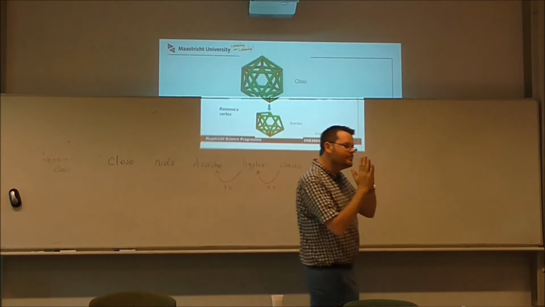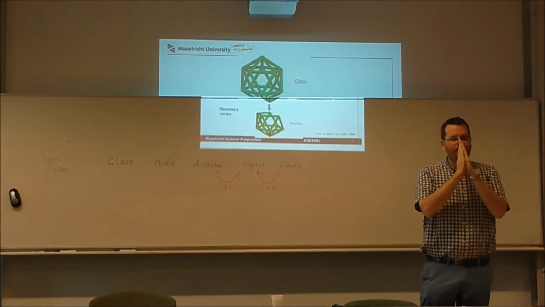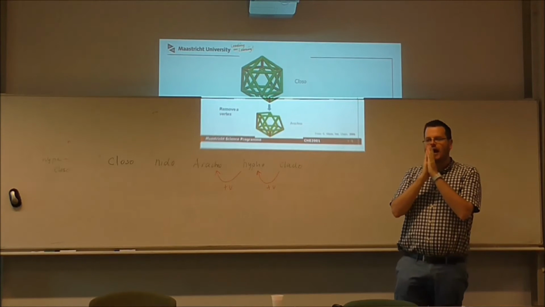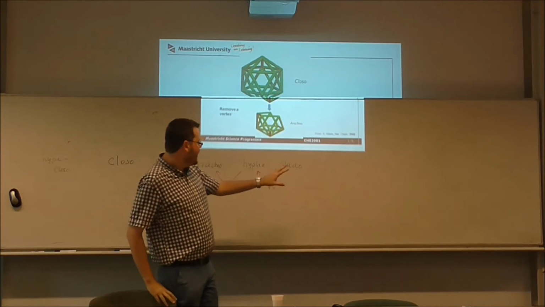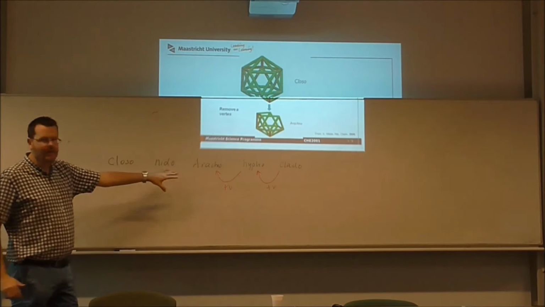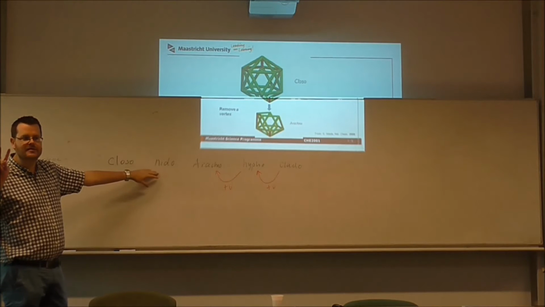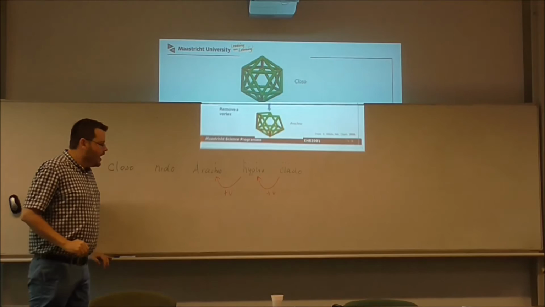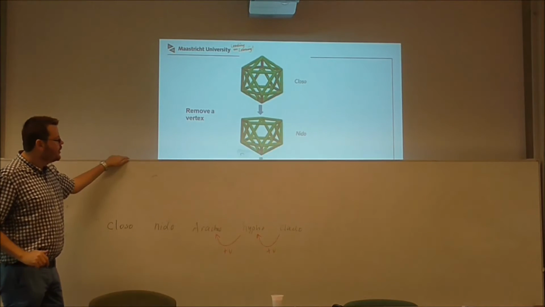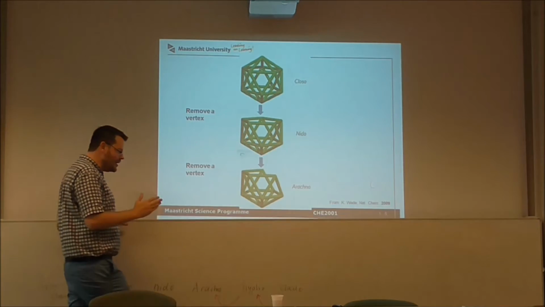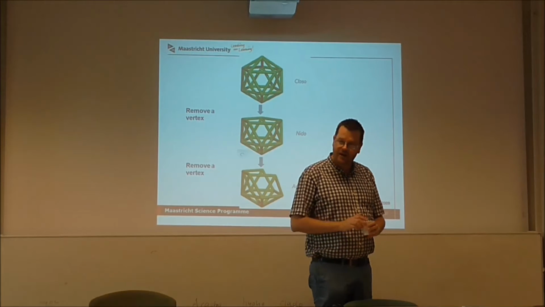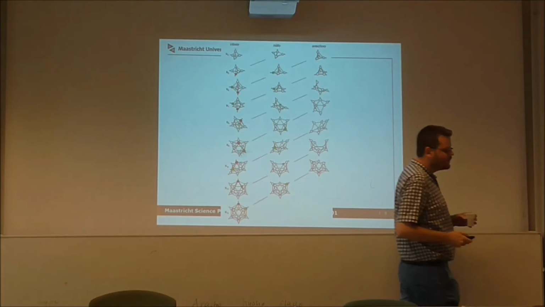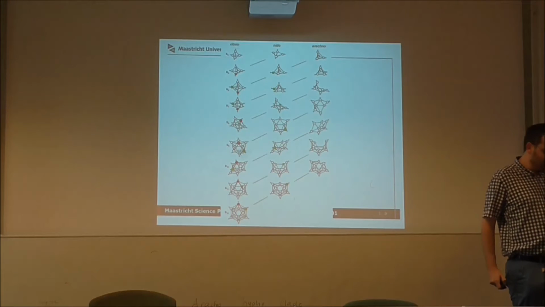Because the relationship between the number of vertices and the number of skeletal electrons is going to predict whether you have closo, nido, arachno, hypo. So it depends on those two parameters and their relationship to each other. And that's what this is all about. That's the Wade rules for boranes. We're going to extend this now using isolobal theory. But this is just to show you the whole picture.